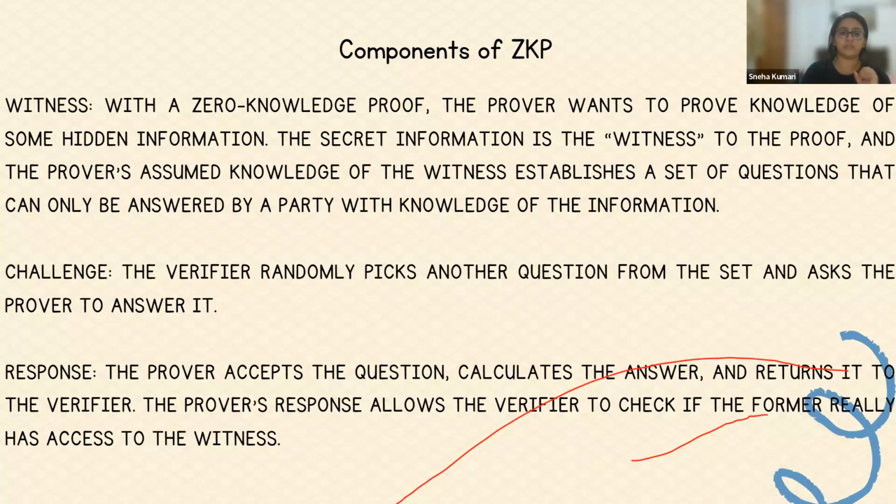And the third element is the response, where the prover will accept the question, calculate the answer and then return it to the verifier. So the response segment becomes very simple: whatever questions are coming up and whatever answers you're calculating, you return them to the verifier for him or her to accept the claims that you have.